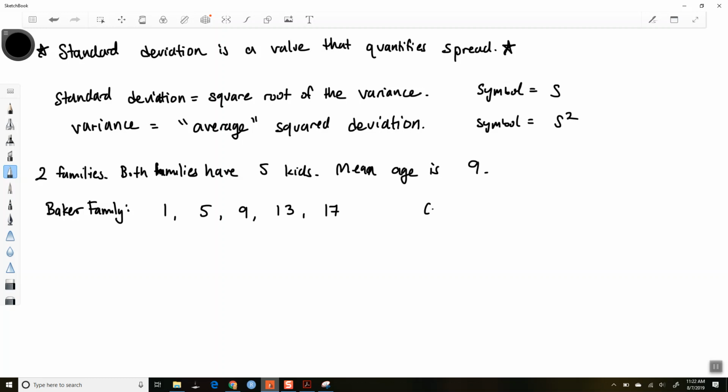All right, and then we'll say we have the Cook family, the kitchen profession families. And their ages are, we'll say 7, 8, 9, 10, and 11. Both families have 5 children, and both families, the mean age is 9. Those statements are all true.